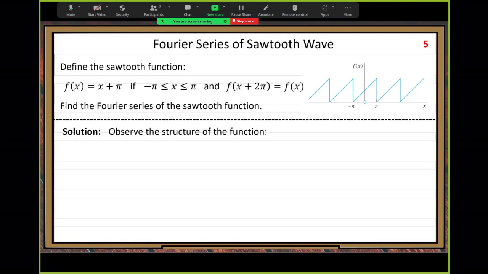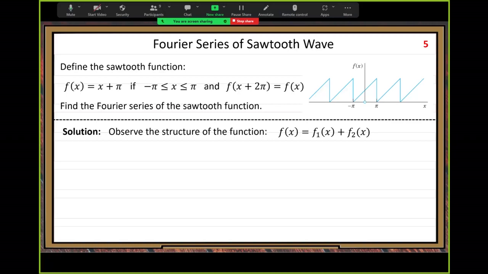When we do the calculation, I use this example because of the special form of the function. f(x) equals f1 plus f2. We split this function into two functions, f1 and f2.